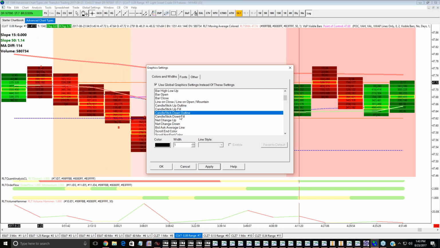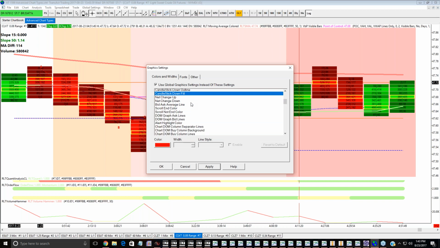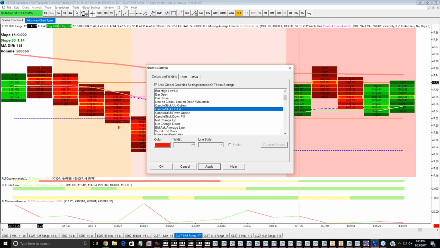Candlestick, because we have it set as a default going back, doesn't change anything. If we didn't have it, we would get a candlestick. But right now we can't get one. Candlestick up, outline, apply. We have nothing.